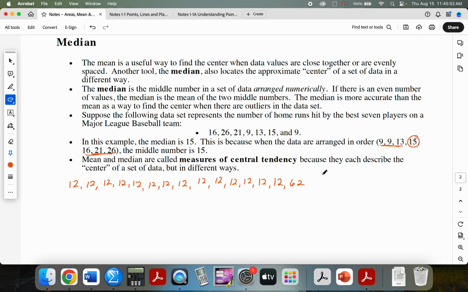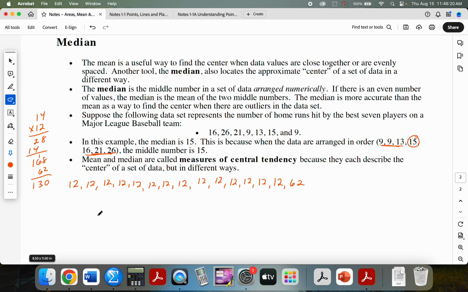Let's see. There are 12, 13, 14 of you. 14 times 12 is 168. Plus 62. That's 230.